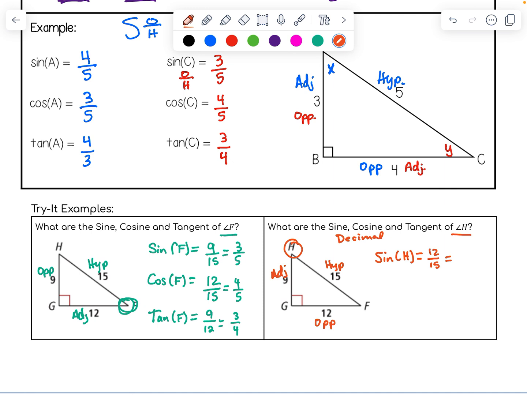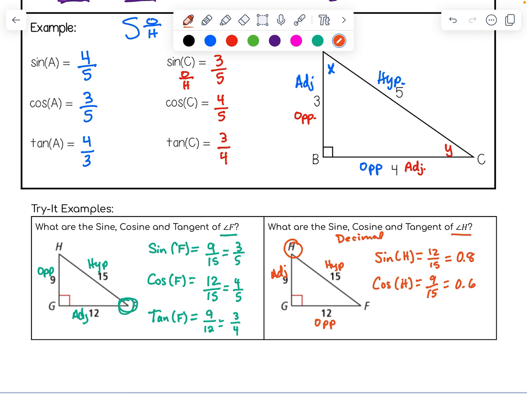So if you divide 12 by 15, we get 0.8. Okay. And then the cosine of H would be the adjacent side, which is 9, over the hypotenuse, which is 15. So 9 divided by 15 is 0.6.